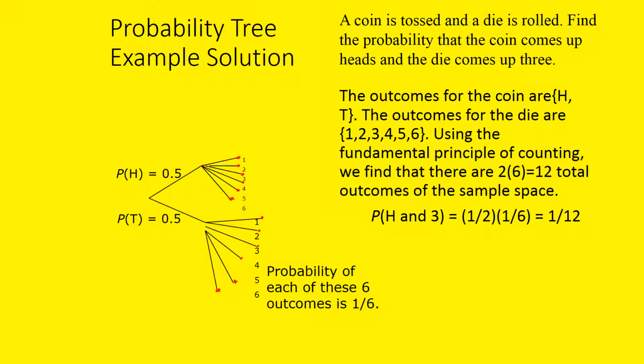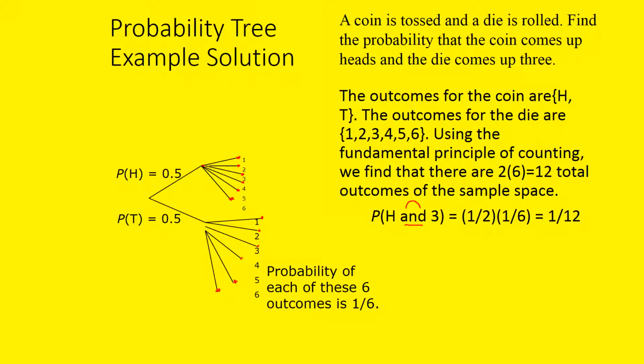Now the problem was to find the probability of heads and a 3. There's that word and, right? So we're talking about intersection, heads and a 3. And in this case we have independent events.